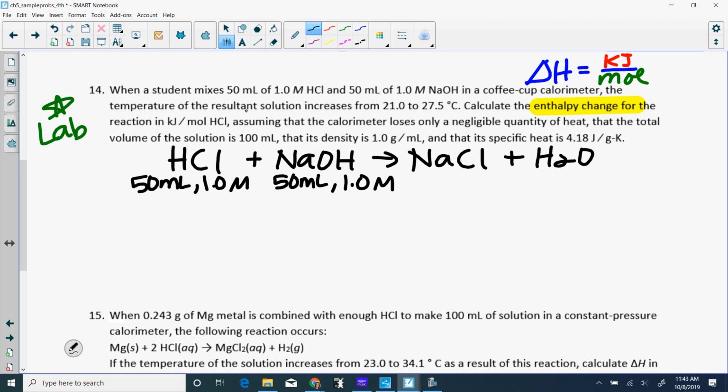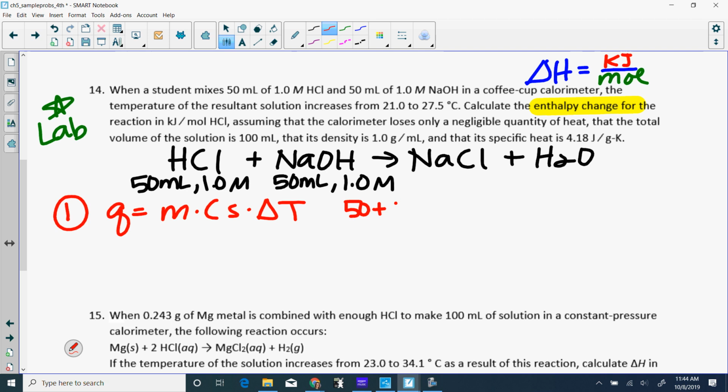The total volume is 100, the density is 1, and the specific heat. So the first thing we're going to do is solve for that kilojoules part. We already learned how to solve for kilojoules. Q equals m c delta T. We do not have a mass, though.